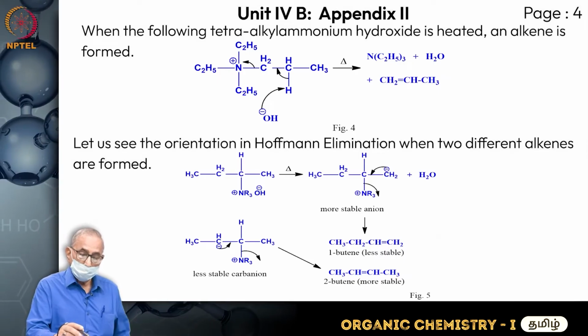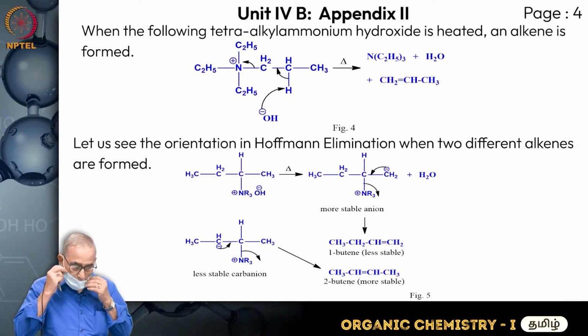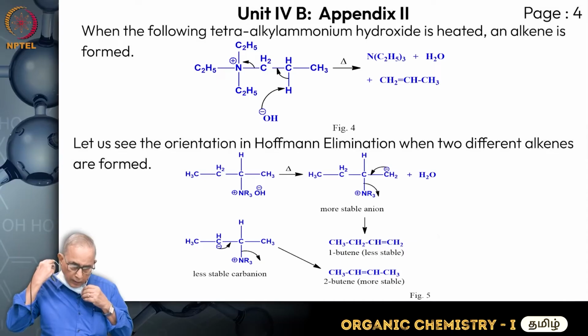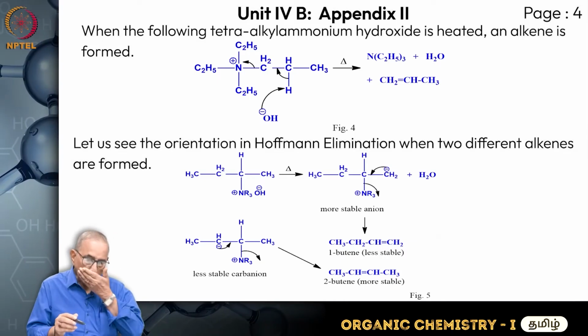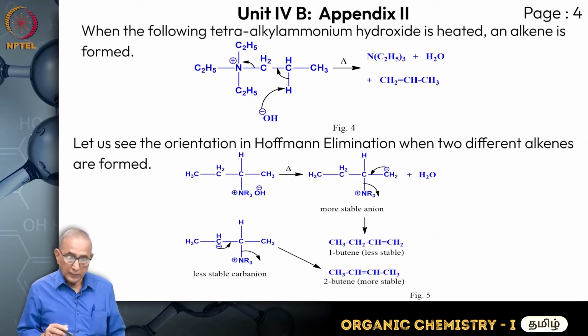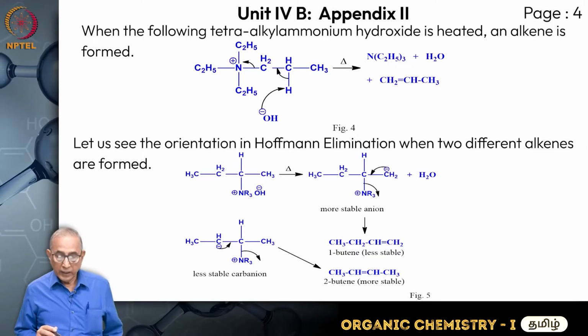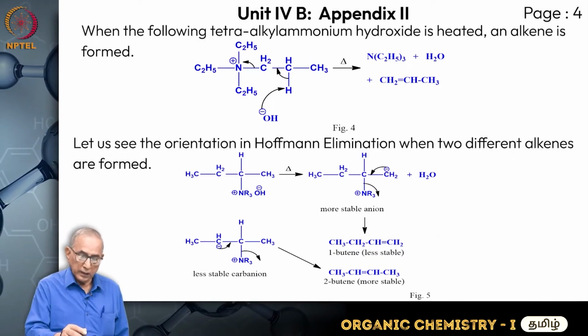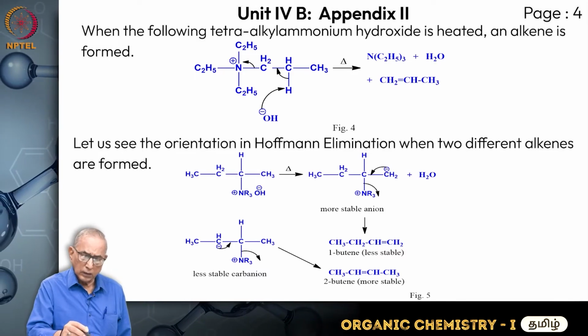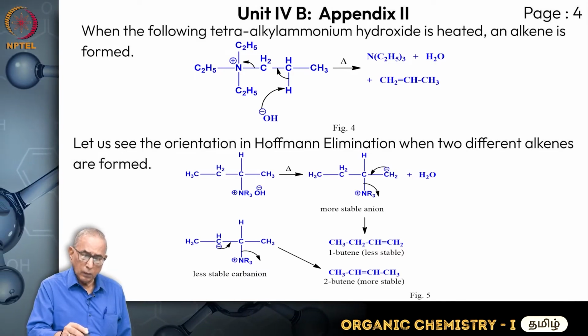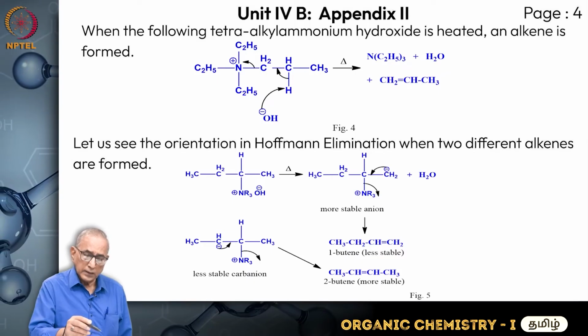When 4 groups are attached to the nitrogen, it forms an ammonium salt, a positive nitrogen, and when you heat it, the counter ion here is hydroxide. This counter ion is OH minus, this is N plus.